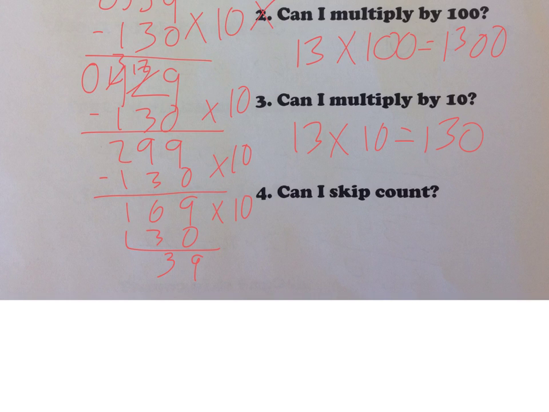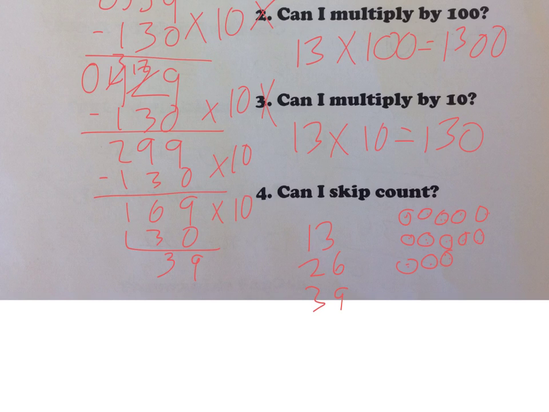Now that I can't give away any more 130s, I have to go to my last step, and that's can I skip count. I'm going to take my original divisor of 13 and skip count by 13. We've been getting in the habit of drawing 13 dots, or whatever that divisor is, so we can skip count by that number. My first one is 13. Then I count up 26, and then I keep going to 39.